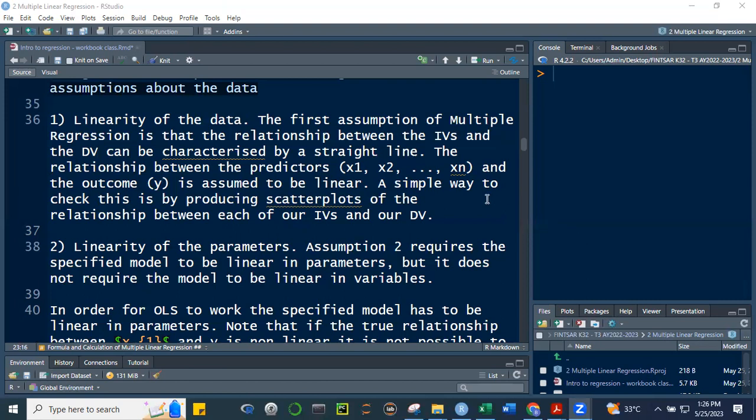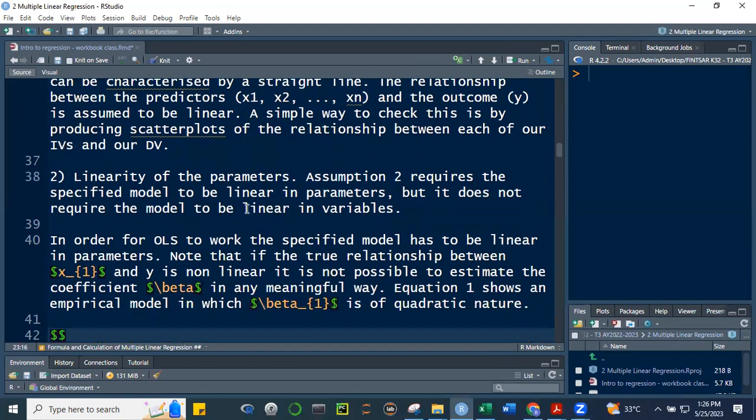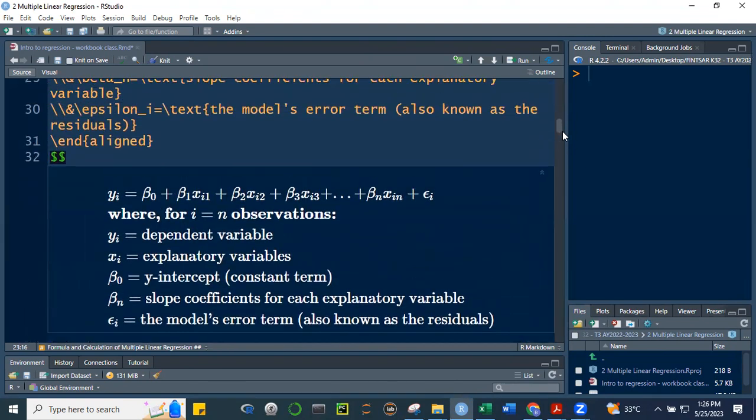Okay, next assumption. Linearity of the parameters. Okay, ito very important to, no? What do you mean by linearity of the parameters? Yung parameters natin, class ito. These are our parameters. No? Beta null, beta 1, beta 2, beta 3, etc. Ito yung mga parameters natin.